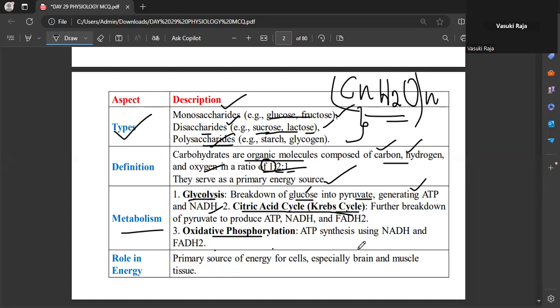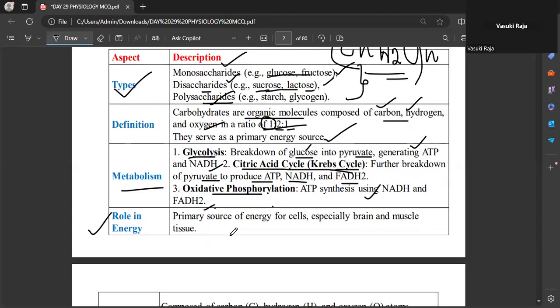In the Krebs cycle, the pyruvate is broken down, producing ATP, NADH, and FADH2. In oxidative phosphorylation, ATP is synthesized using NADH and FADH2, through several electron carriers.